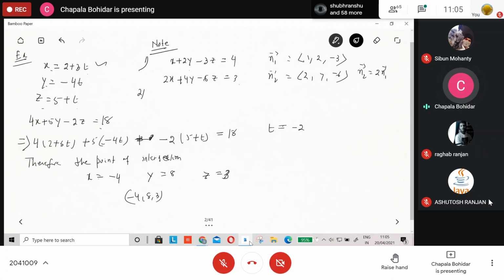And the angle between the two planes is defined as the acute angle. Here I'm just roughly doing a figure.